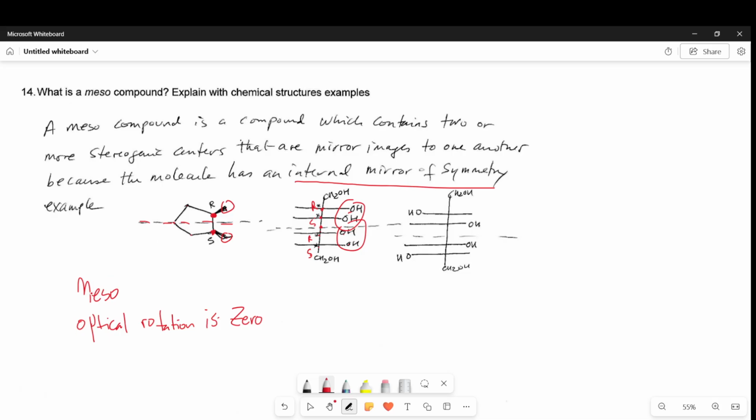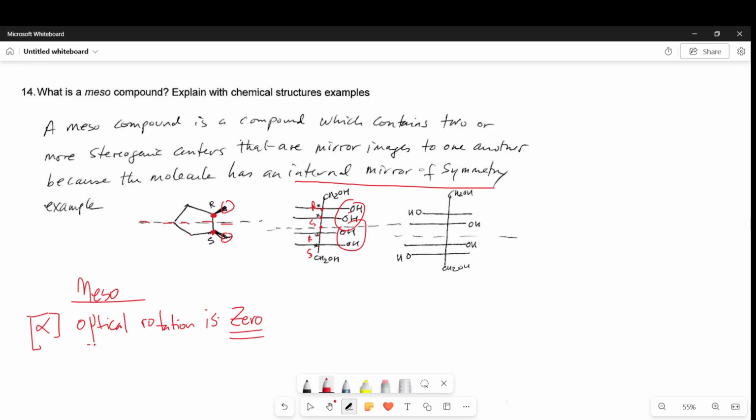So if you take a meso compound and someone asks you what is the alpha or the optical rotation for a meso compound, it is 0. Because this R would rotate the molecule, let's say to the left side, and this S to the right side in equal amount.